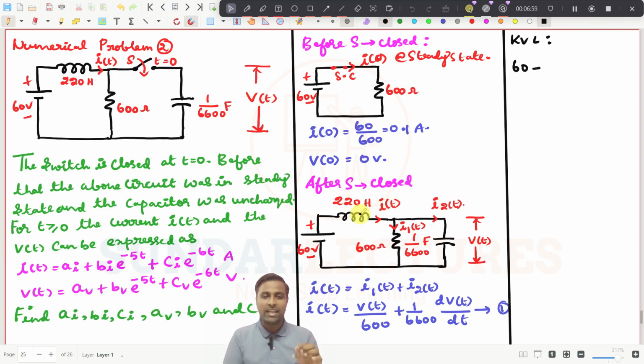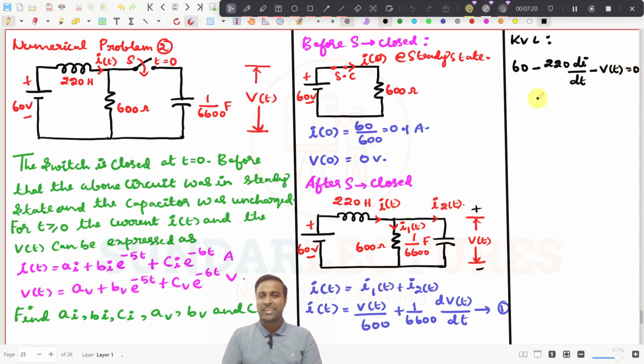It will be L di by dt, right? So what is L here? It is 220 into di by dt. And then this one, I am traveling from plus to minus, so it will be minus V of t, that should be equal to 0.